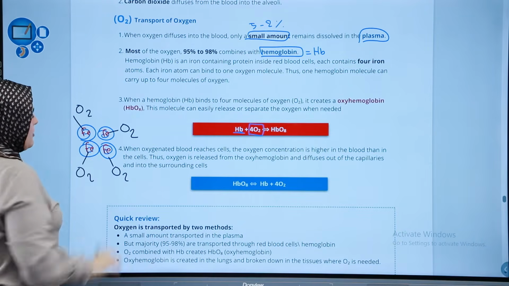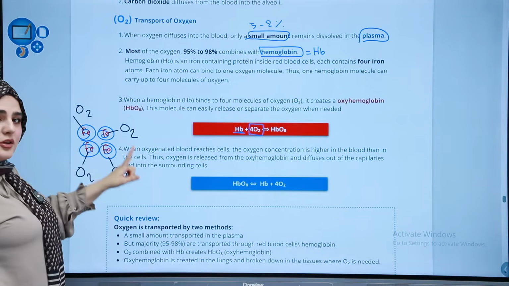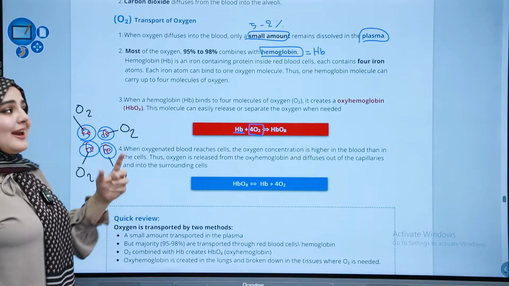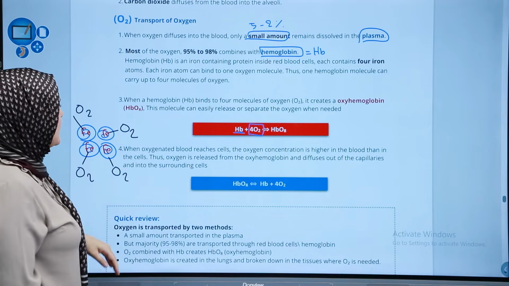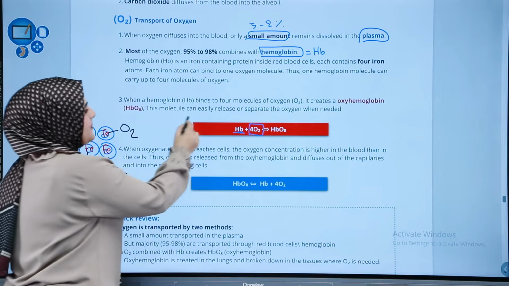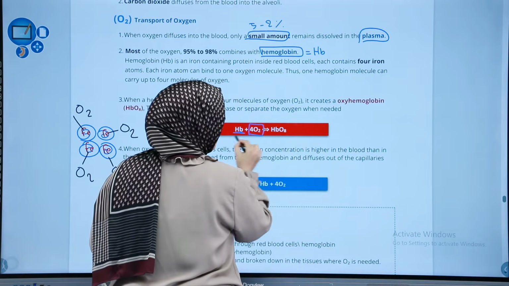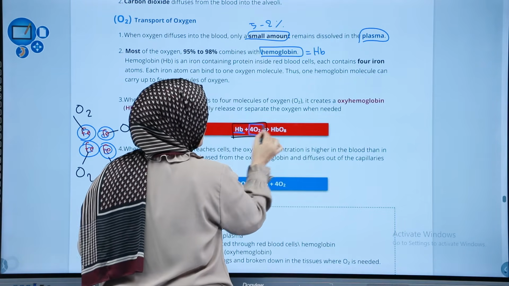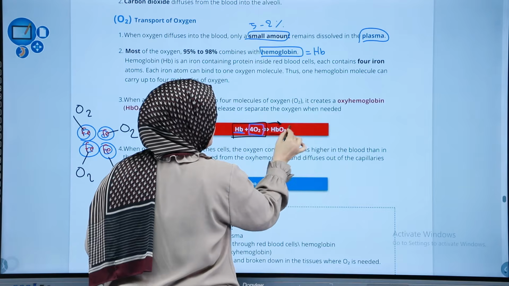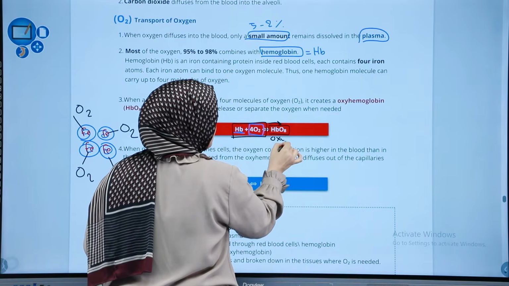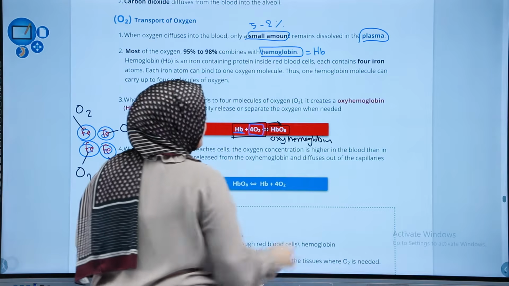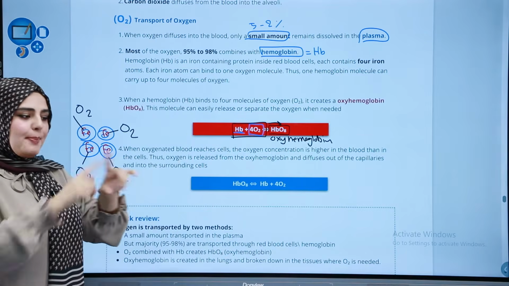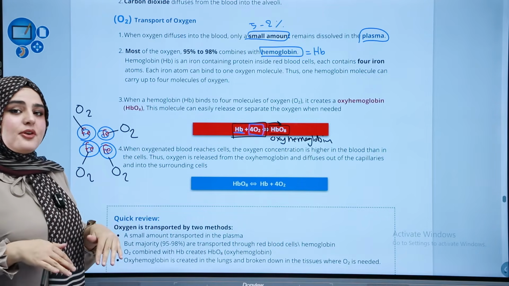So each iron is holding one oxygen molecule. Because we have 4, each hemoglobin is holding on to 4 molecules of oxygen. This combination becomes HbO8, that's called oxyhemoglobin.